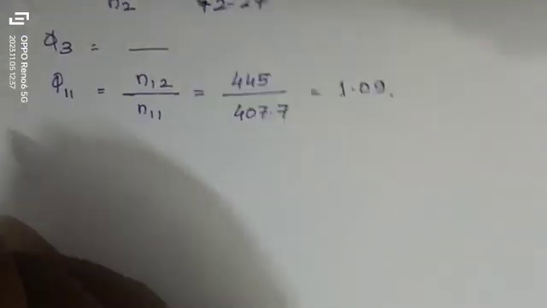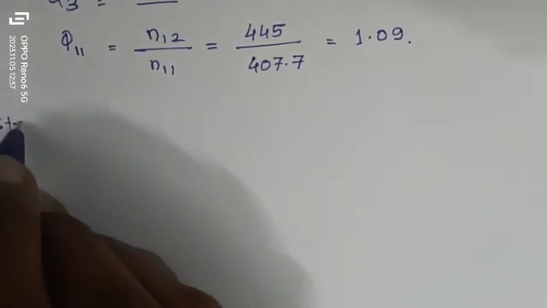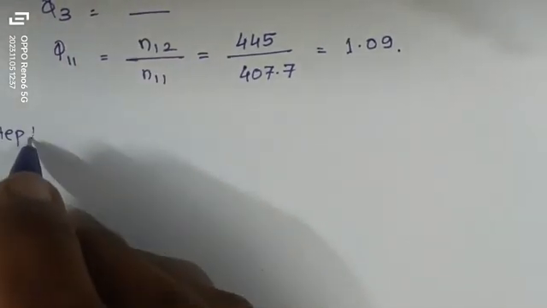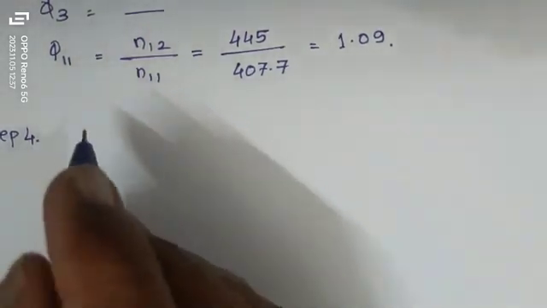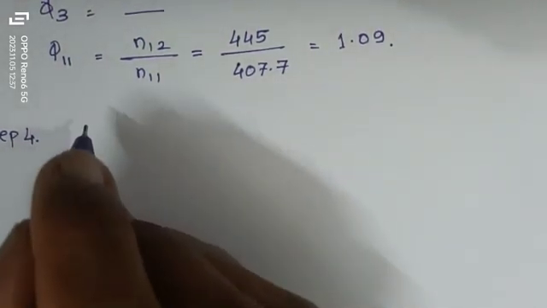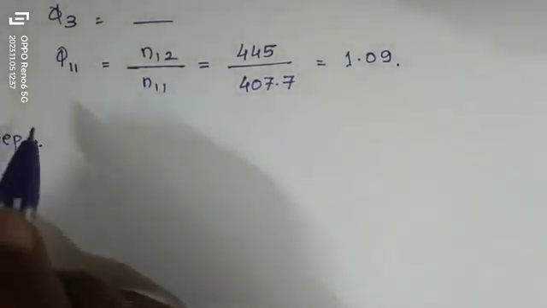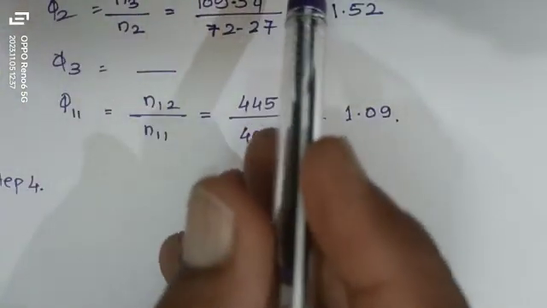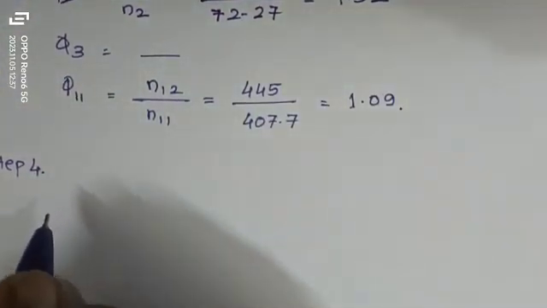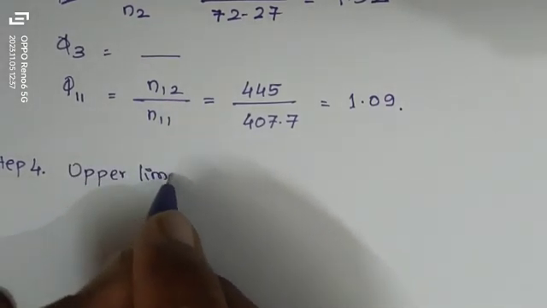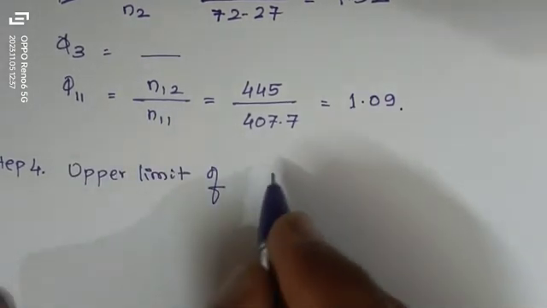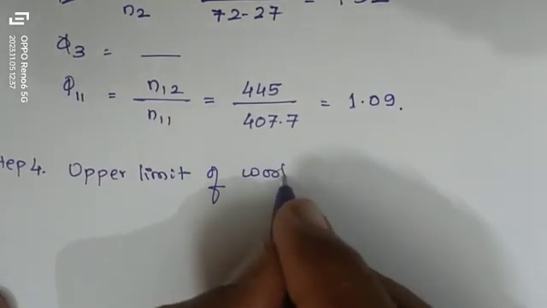Again come to the point of step 4. We have now done the ratio of successive speeds. Then now we'll see upper limit of workpiece diameter.